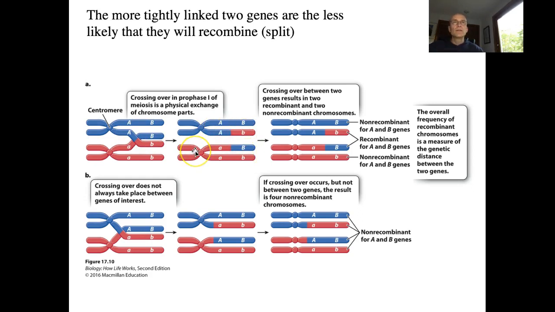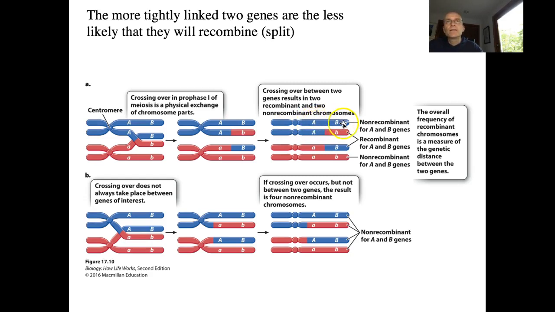Then, when it goes to the next phase where the sister chromatids separate from each other, we have our four gametes. They move into the four gametes, where we end up with four different types: the big A, big B. Remember that when I say big A, big B, these are two different genes.